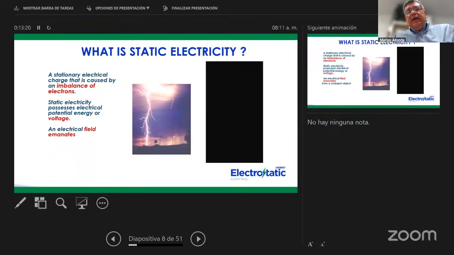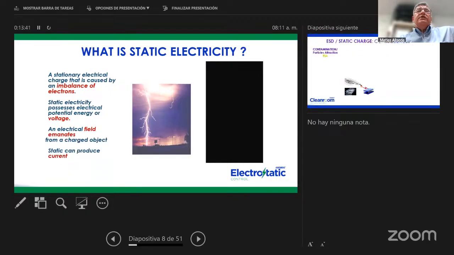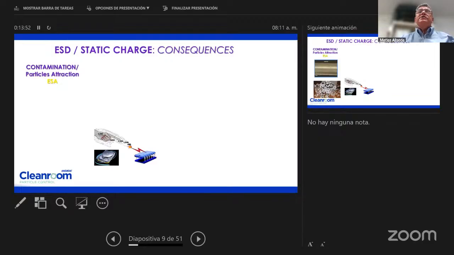Also, the lightning or the ESD static generates a field, so you don't have to just touch the semiconductor; you can induce that charge and damage it also. It's important because when static charges move, they generate current, and that is the transfer of energy that damages the semiconductor.